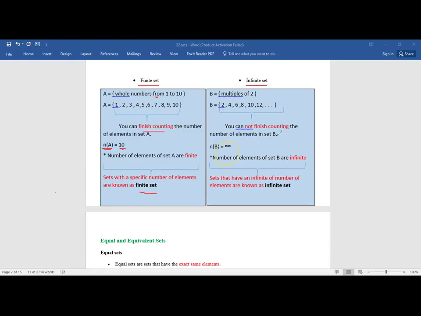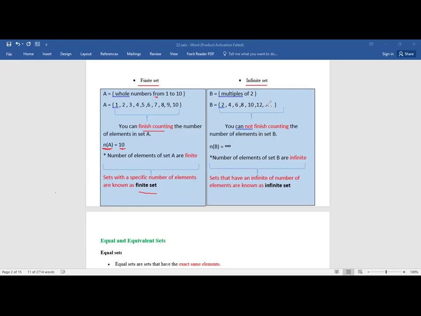Wait, I will come to that point. So this is right. You cannot finish counting the number of elements in set B. There are hundreds of thousands, an infinite number of elements.